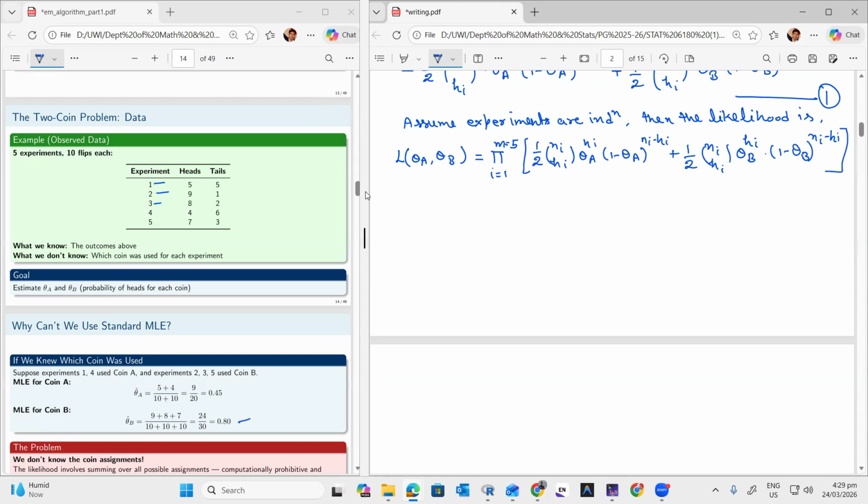Okay. So finding the maximization of this likelihood directly is difficult. All right. So if the hidden indicator function Zi were known, the complete data likelihood function would be simpler at that time.